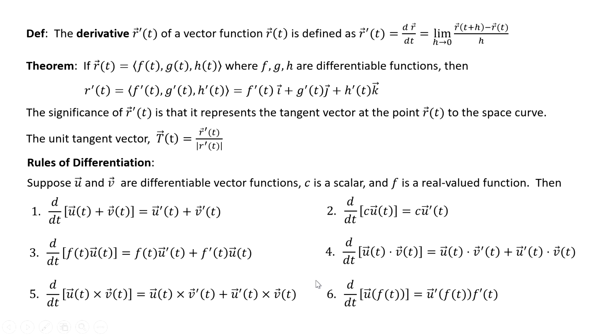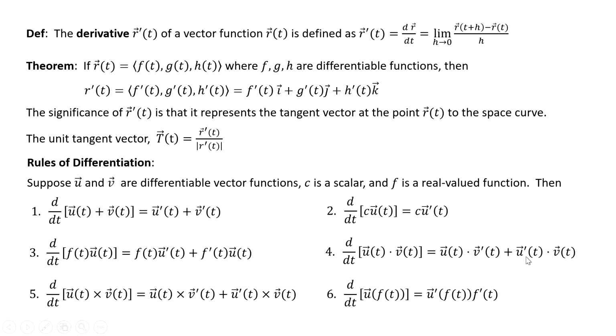Okay, second, what if we had a composite function u composed with f of t? Well, as before, the chain rule applies. U prime of f of t times f prime of t. Cool? Common sense we can apply, but as long as you're just a tad careful about some of these, especially the fifth one.